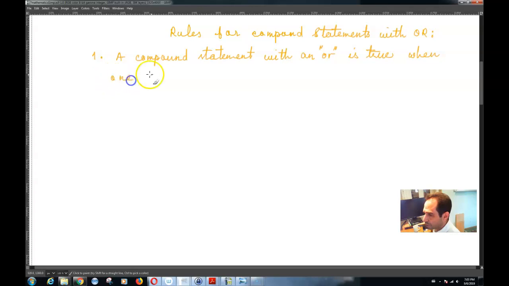When one or both component statements are true.